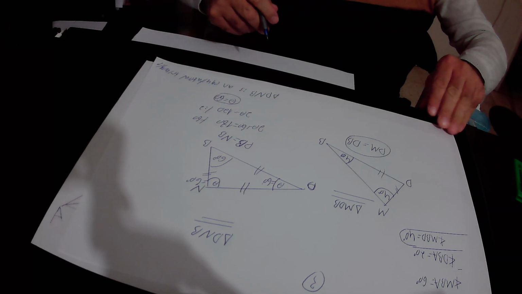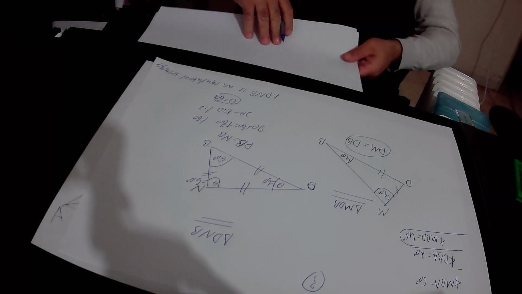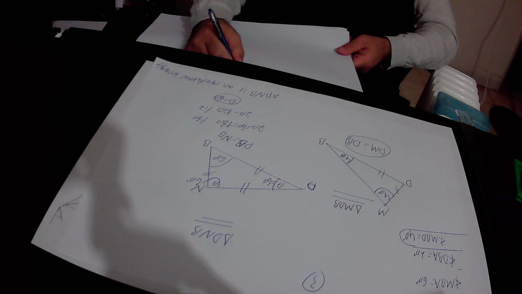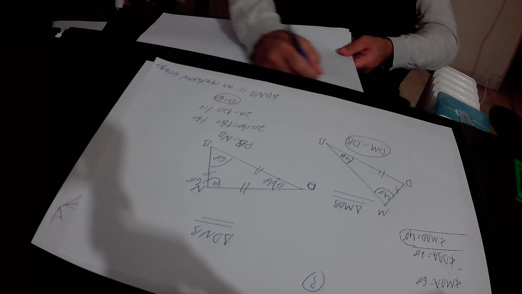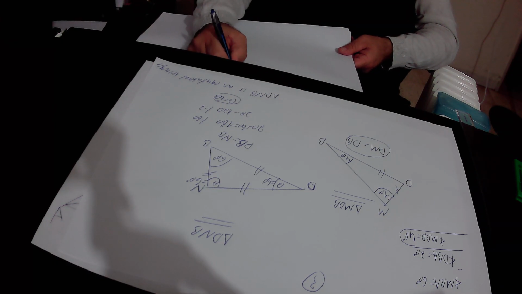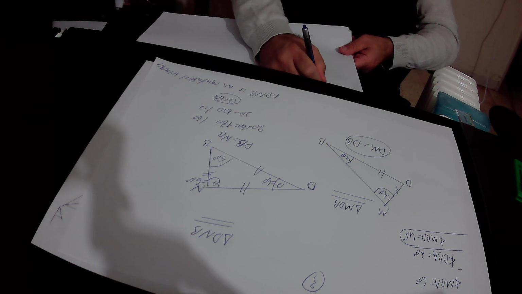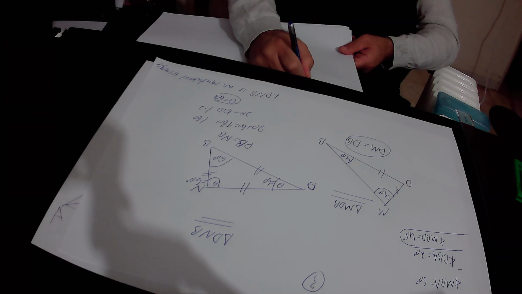I write it down: in the equilateral triangle DNB, side DN equals side NB equals side DB.